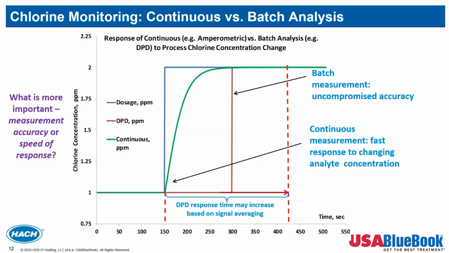And when we talk about speed of response, let's not forget about one important factor. When you use continuous analysis to drive your pumps, to control your process, via either PLC or PID loops, to avoid chattering, you need to average the results.